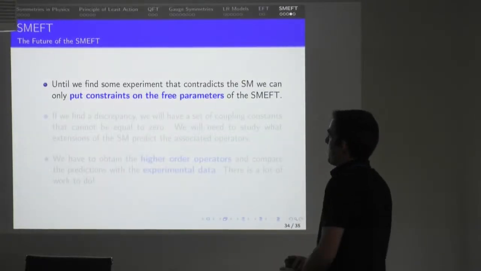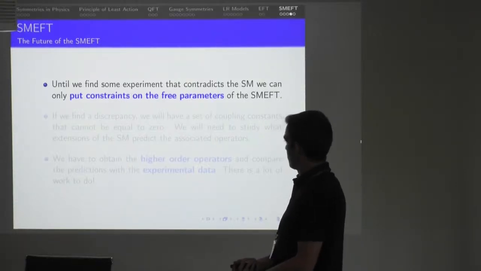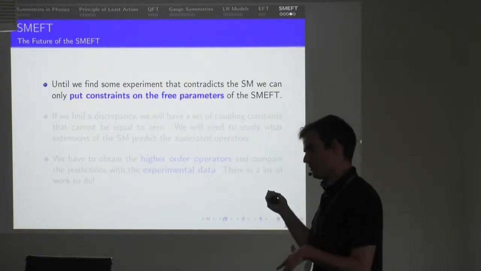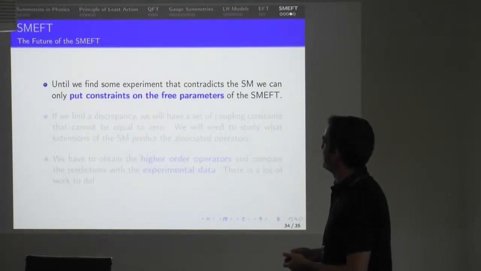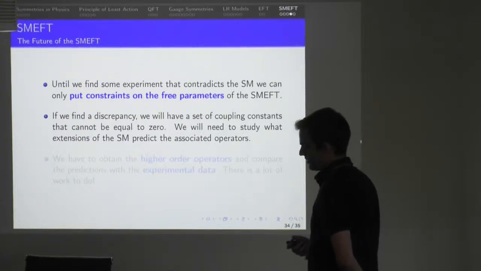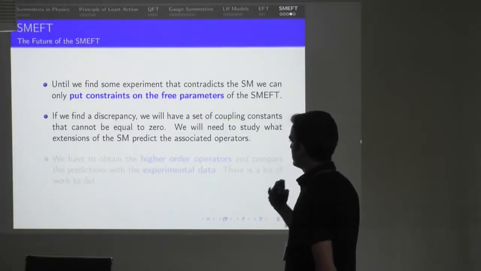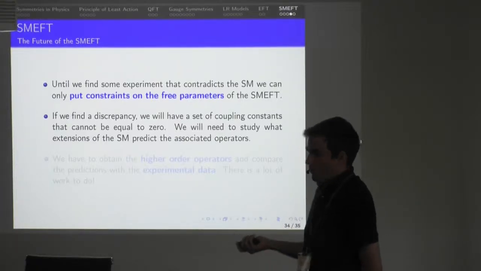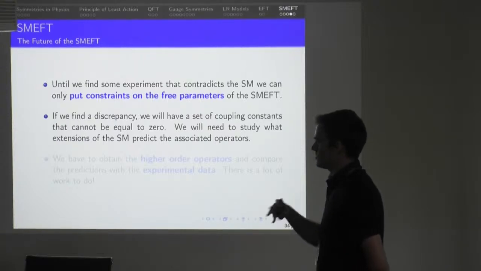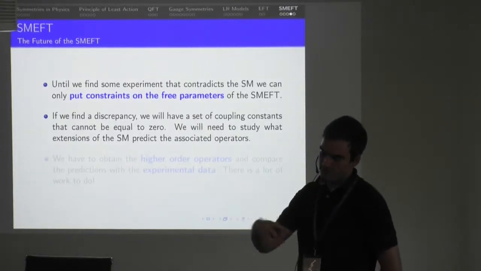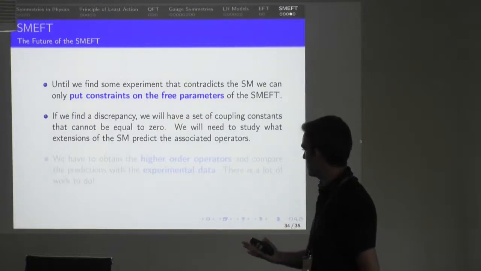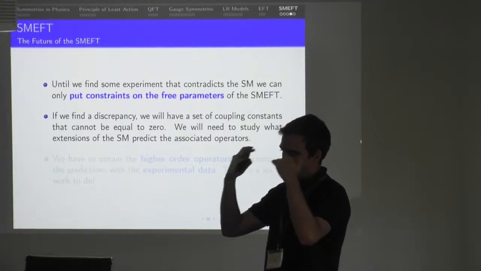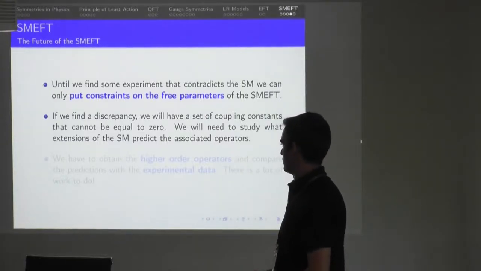Okay, so until we find some experiment that contradicts the standard model, we can only put constraints on the free parameters of this method, the standard model effective field theory. But if we find a discrepancy, we will have a set of coupling constants that cannot be equal to 0. In that moment, we need to study what extensions of the standard model predict the associated operators, and then we will have an idea of what is the proper extension of the standard model that we have to use.